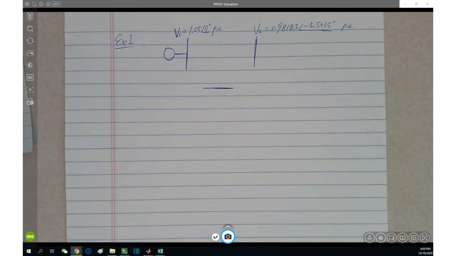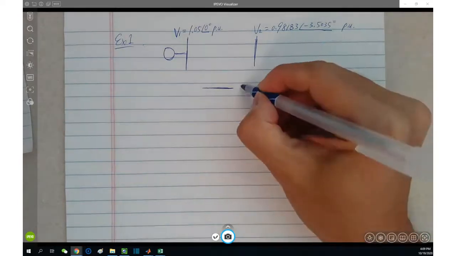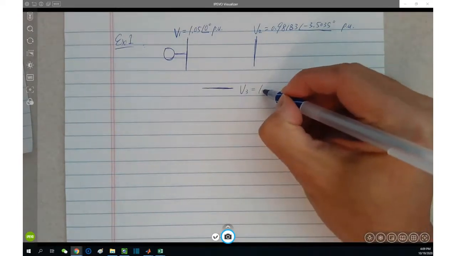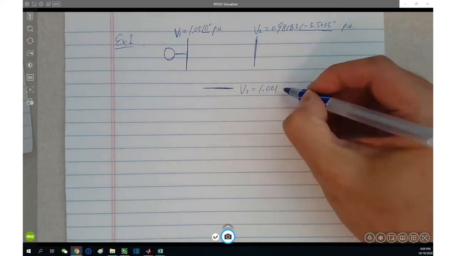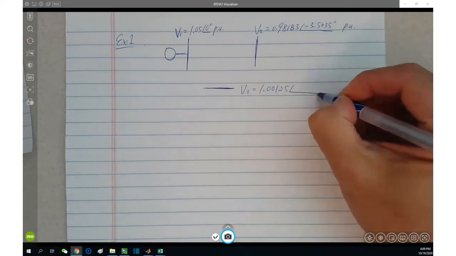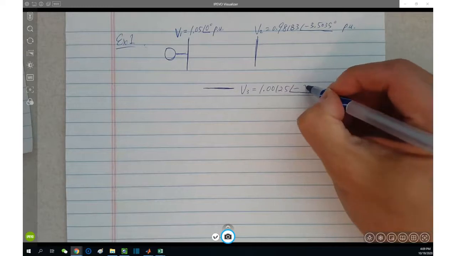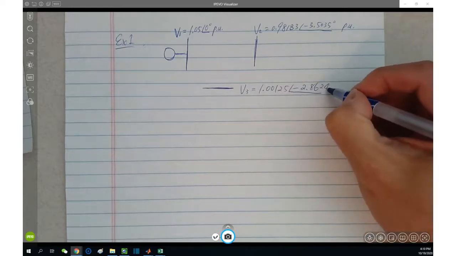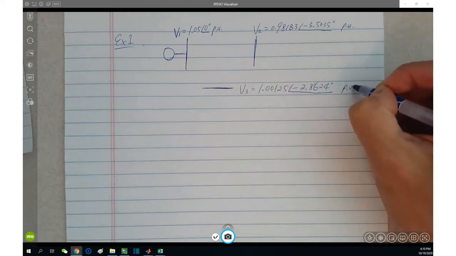That's why the number is not a nice number at all. Bus 3 with a voltage of 1.00125, negative 2.8624 degree per unit.